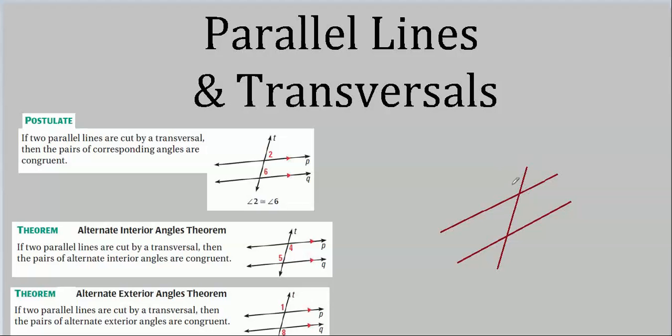I'm going to label them just a little bit different. If this is A, and we'll call this A prime. And I'll say this is B. And this is B prime. Now they just told us that corresponding angles are congruent.